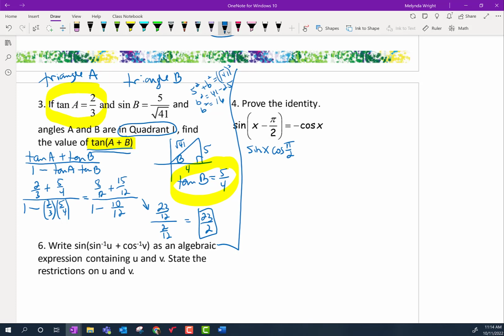Sine is being asked to subtract, so what's sine going to do? Subtract. And then they're going to change places, so then it's going to be sine of pi over 2 cosine of x equals the right-hand side, and this is the subtraction property.